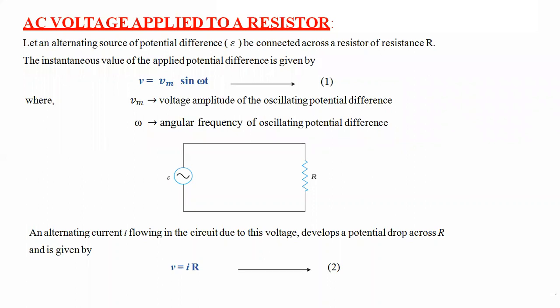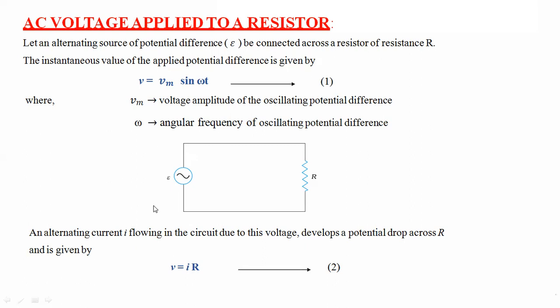Now consider a simple resistive circuit consisting of a pure resistance R ohms connected across the voltage source, with the voltage given as v = Vm sin ωt, where v is the instantaneous value of this alternating voltage, Vm is the maximum voltage amplitude of the oscillating potential difference, and ω is the angular frequency of the applied voltage.